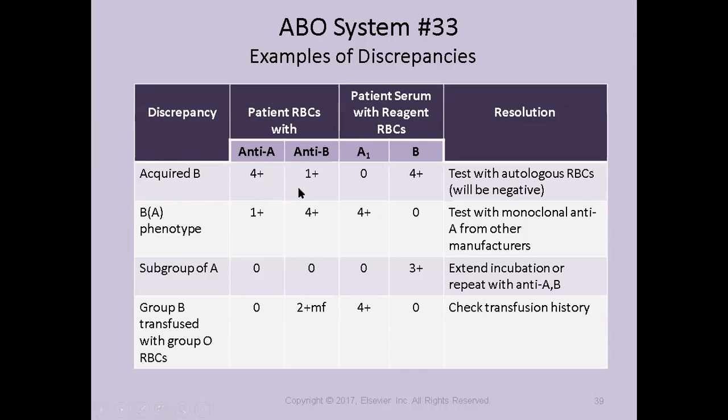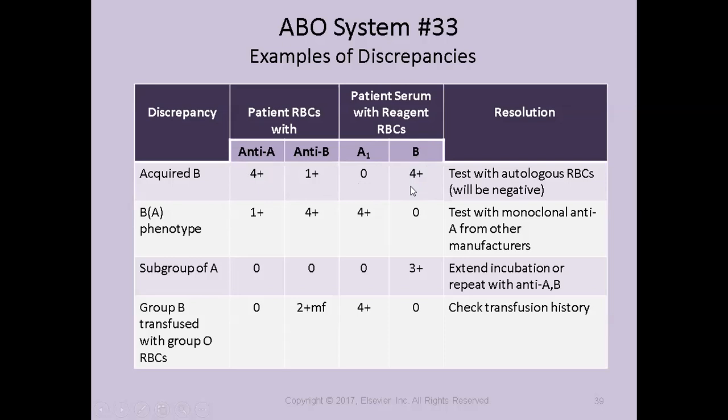Let's look at our reverse typing. We see no reaction with A1 cells, which means they do not have an antibody against A1, and we see a strong reaction with B cells, so they have an anti-B. So forward typing tells us they look like AB, but reverse typing tells us they look like A, because they have this anti-B that's reacting.